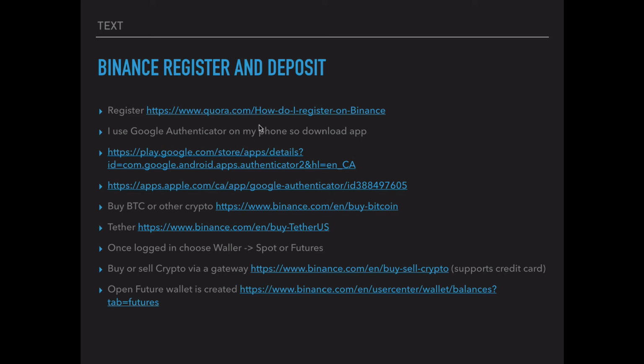Or I'm sure there are other ways to transfer it back to your fiat and maybe into your credit card or debit card as well, which I haven't done yet. So there are those options.